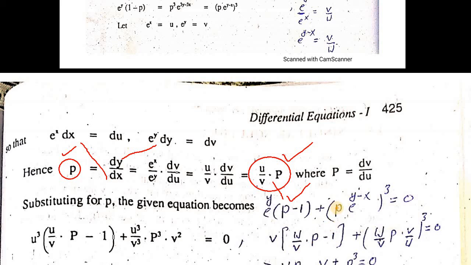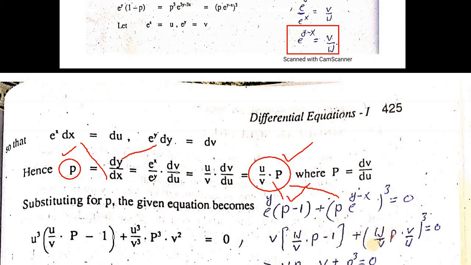Similarly, this p is equal to, this is p whose value is here, e power y minus x. Here we see e power y minus x is equal to v by u. So for this we put v divided by u, and this p is equal to u over v p.